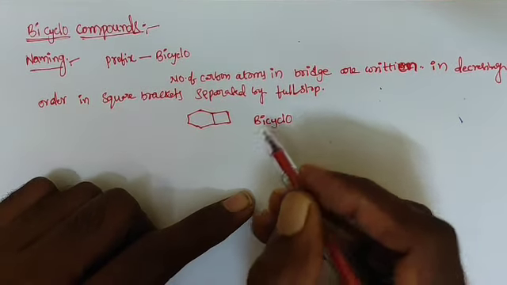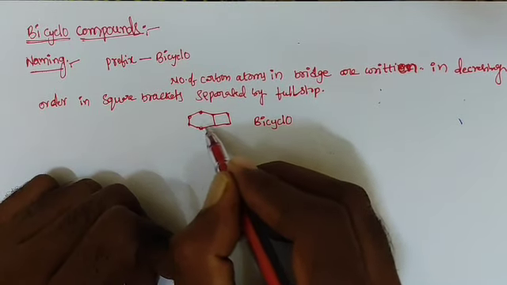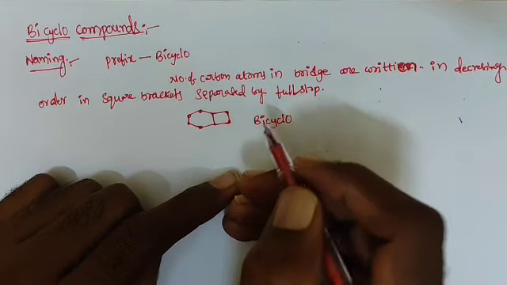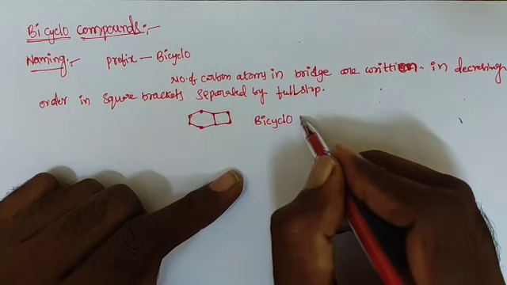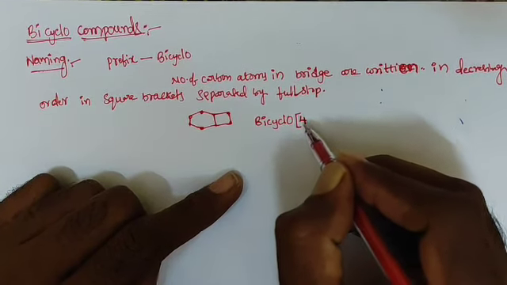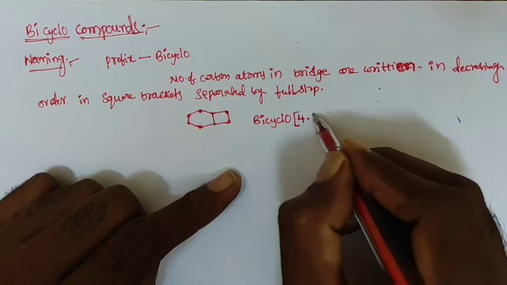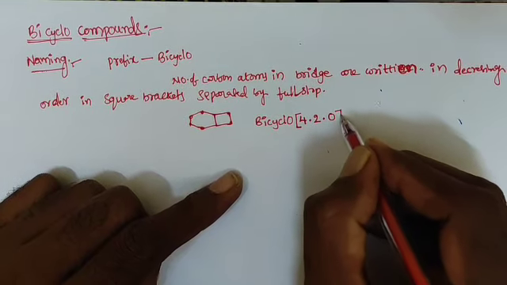Now in this bridge, this side 4 carbons, this side 2 carbons. So decreasing order: open square bracket, 4 full stop, 2 full stop, 0.